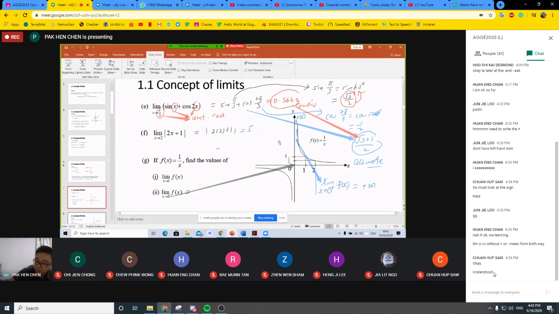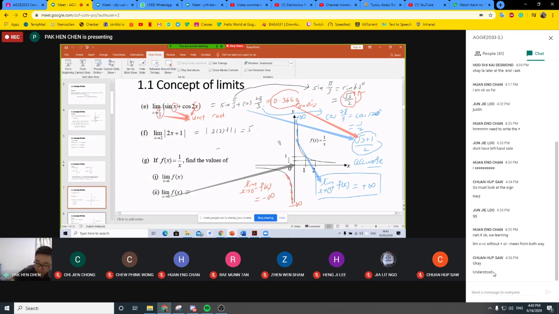That is how I write it. In contrast, when x approaches 0 from the left, you will see this arrow, and it will approach negative infinity. Therefore, this can be written as the limit as x approaches 0 from the left, f(x) equals negative infinity.